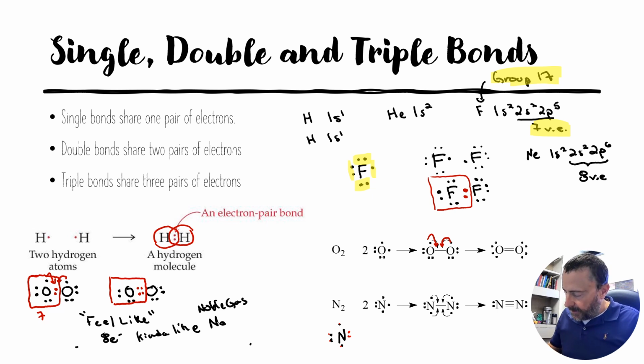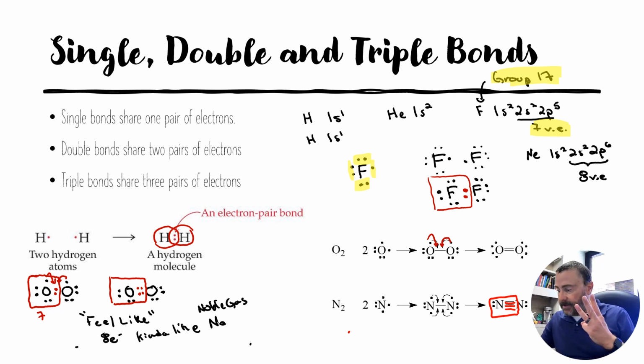But if we bring in 2 pairs of electrons, each line counts as 2 electrons. So that triple bond, there's 3 bonds, that's 6 electrons. And then we've got the 2 other electrons that are out there, so it feels like there's 8 electrons around it by bringing in those extra ones.